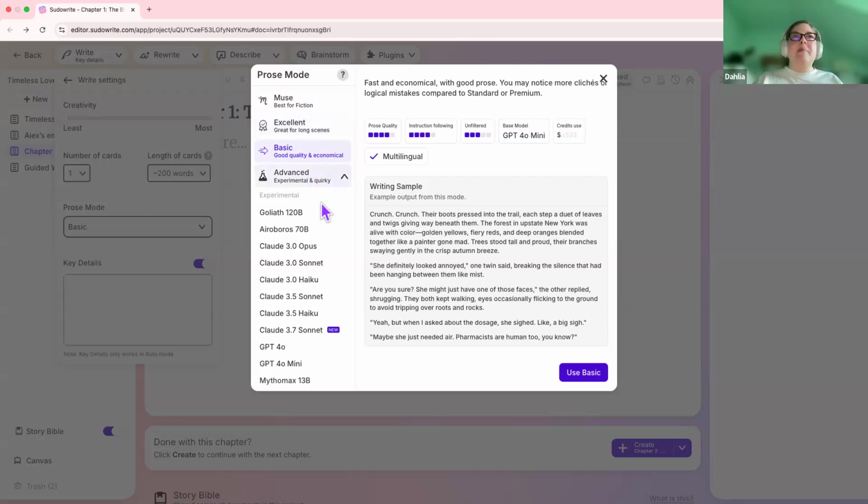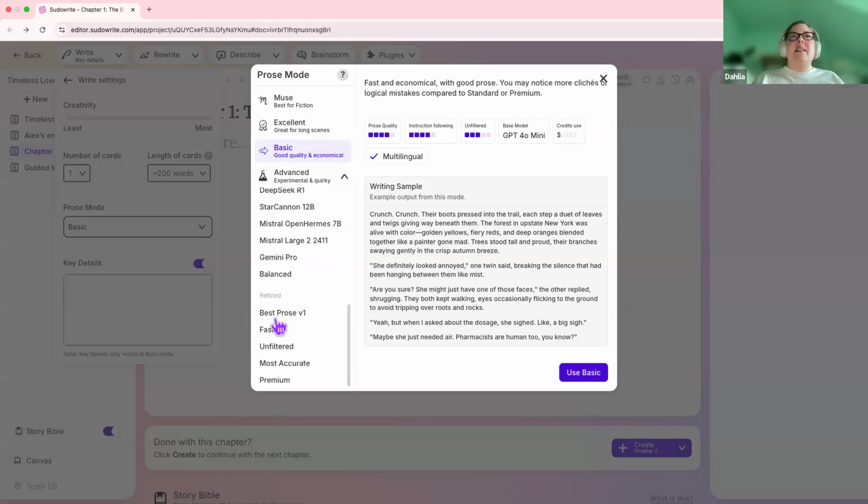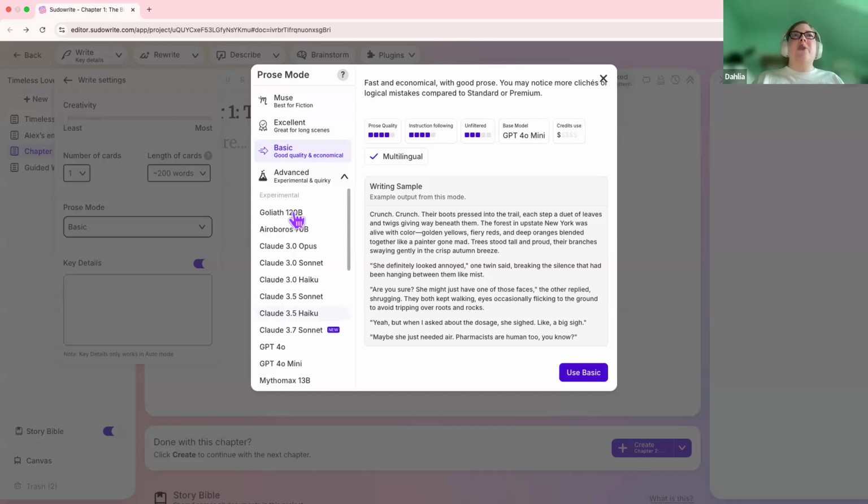And here under the advanced tabs, you'll find some older models under the retired tab and some newer experimental models that are not as refined as the standard prose models.